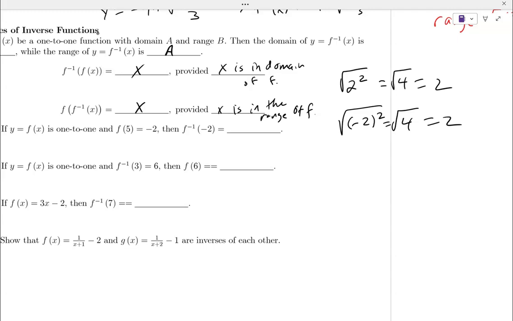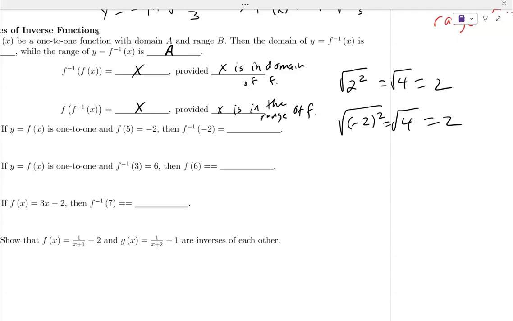Remember, the range of your inverse, the set of outputs for your inverse, is equal to the domain of the original, right? So this undoing property only works if I can plug my x into the f to start with, or it's in my domain restriction to start with. When I flip them around, my x has to be in the range of the original, because it has to go into the inverse function. It has to be in the domain of the inverse. So I have to be a little bit careful.